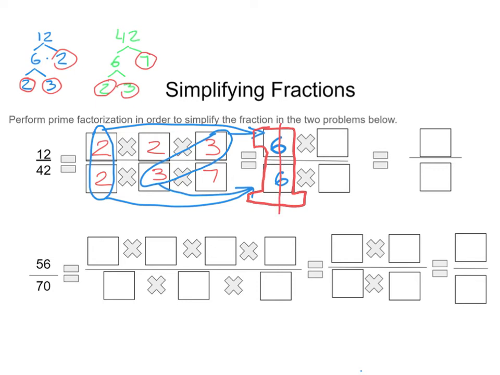Now we're going to see what's left. 2 was not simplified. It did not disappear. So 2, we're going to keep it, and we're going to write it here. That's what's left over. And then also what's left underneath is 7 because 2 and 3 are gone. So 7 is left. So I'm going to put 7 here. 6 over 6 is gone.